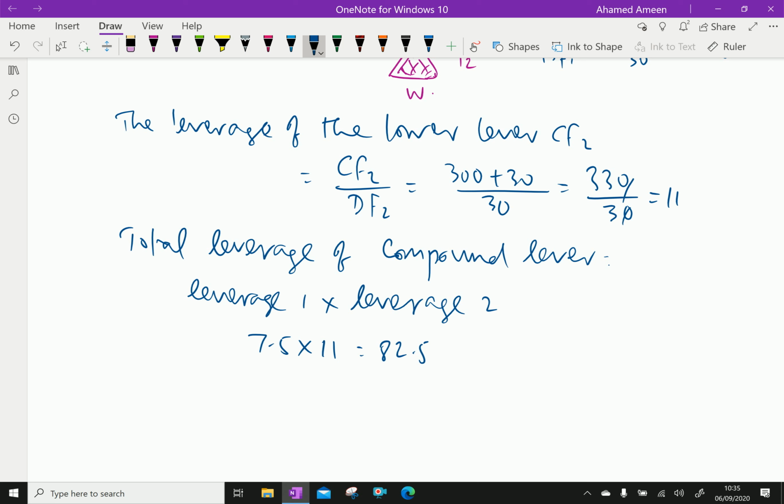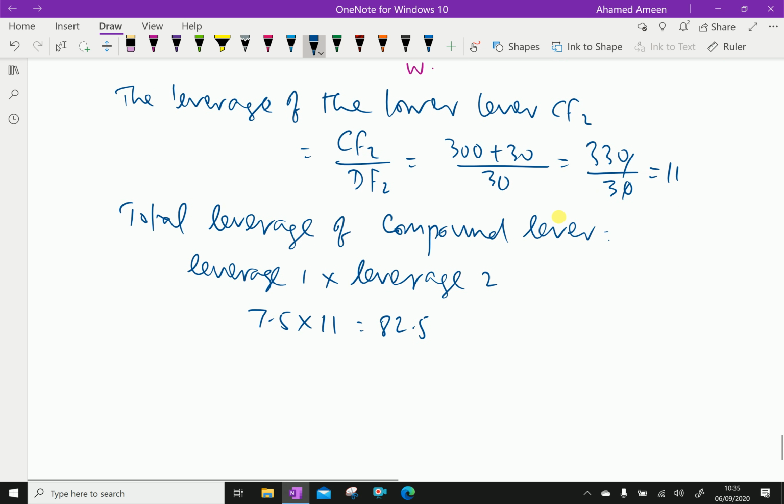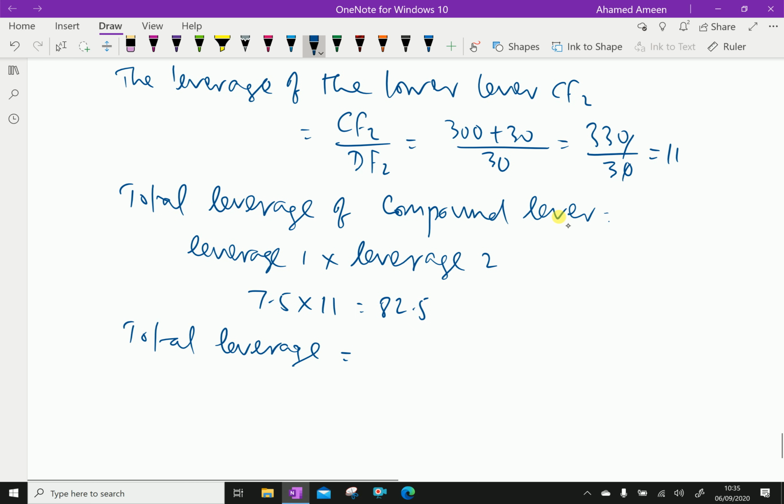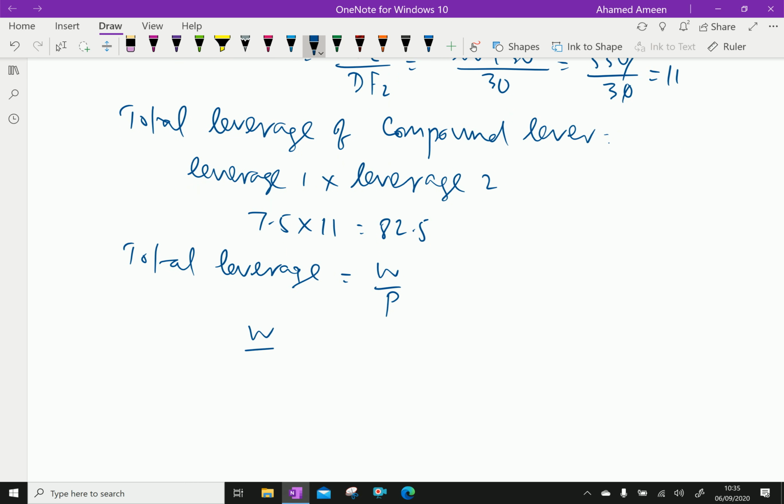Therefore, we know that total leverage in compound levers is equal to W by P. W is the load lifted, P the effort applied, equal to 82.5.